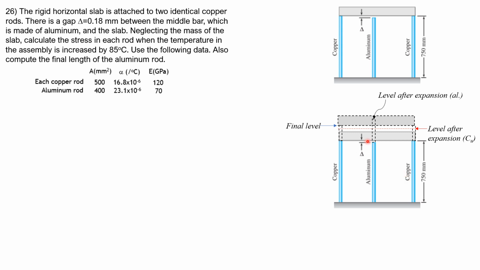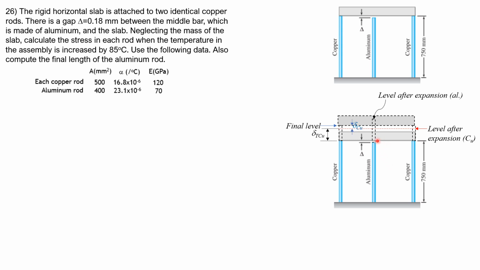As a result, as it hits the bottom surface of the rigid horizontal platform, it will experience compression because it should go back to the final level. So this is the thermal elongation of the two copper rods.